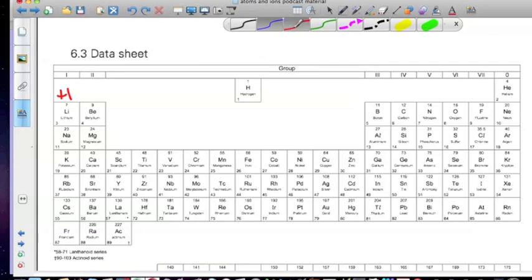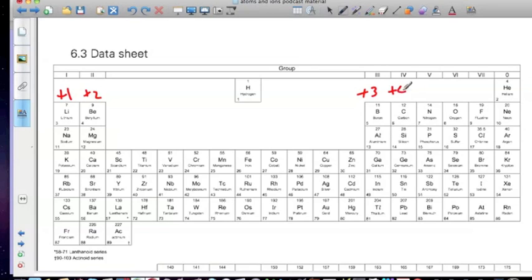If you're in group 2, plus 2. Group 3, plus 3. Now group 4 could be plus 4 or minus 4. You're not really going to be tested on that too much, so just leave it at plus 4 just now. Group 5, minus 3. Group 6, minus 2. Group 7, minus 1. And group 8, 0.